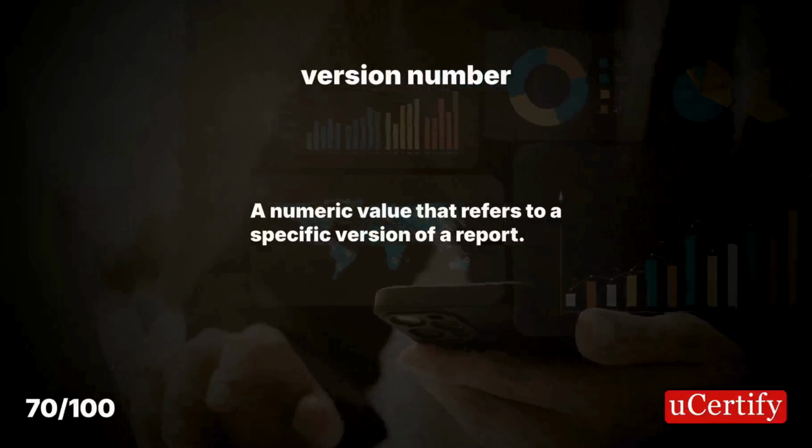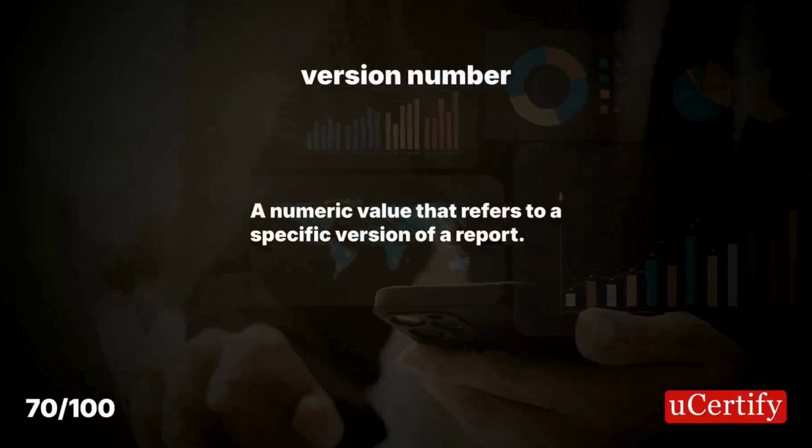Term: attribute. Definition: an individual characteristic of a table. Term: average query response time. Definition: the average time it takes for the database to return the results of a query. Term: begin transaction. Definition: the command that starts a new transaction. Term: bind variable.